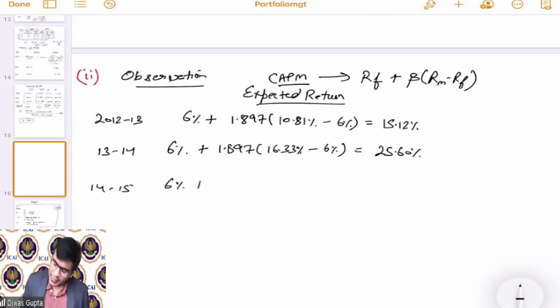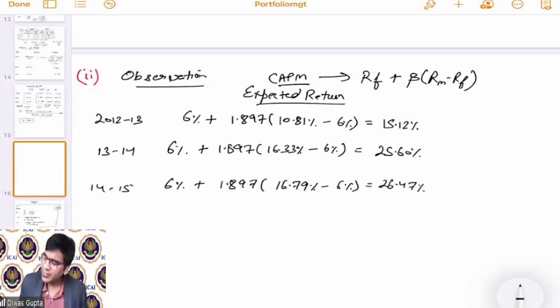And the last year is 6% plus 1.897 times (the return of market that we have calculated, 16.79, minus 6%). So this comes as 26.47%. So these are the expected returns on the security for the 3 years.